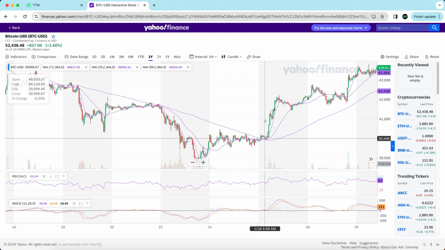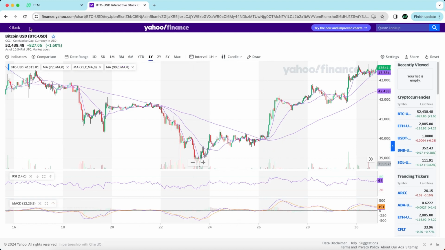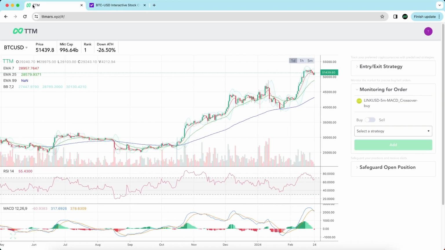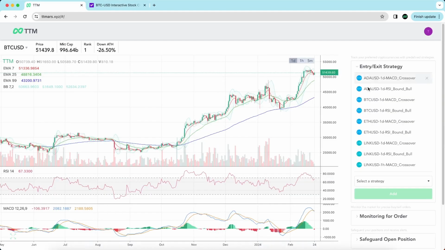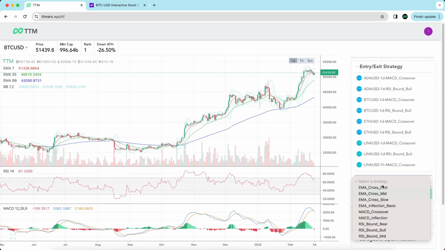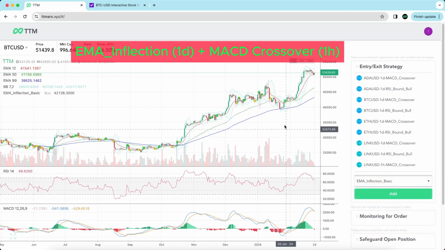So let's go to our site, TTM, to show you how to use our tools to help you easily achieve this. As you can see on our site, if you use EMA, then we will send you alerts at this point, and you can decide if it is a good entry point or not.